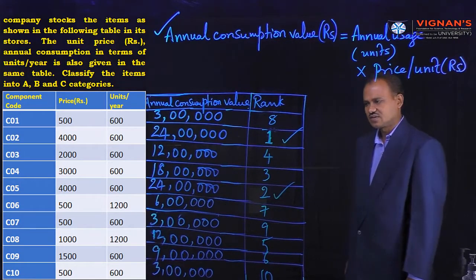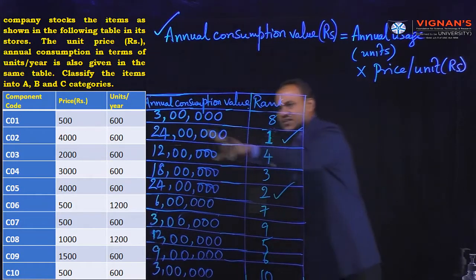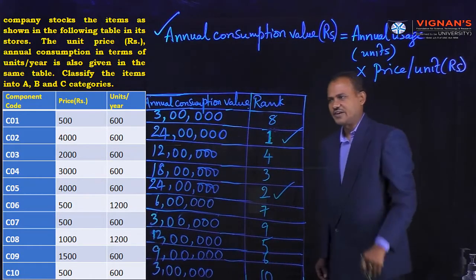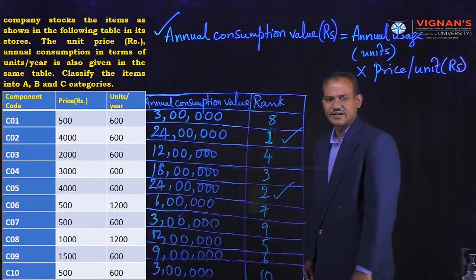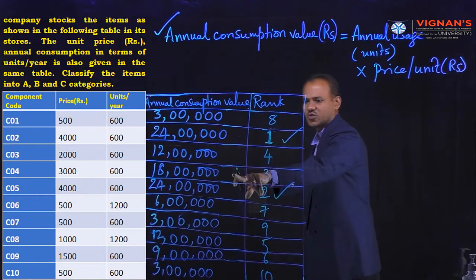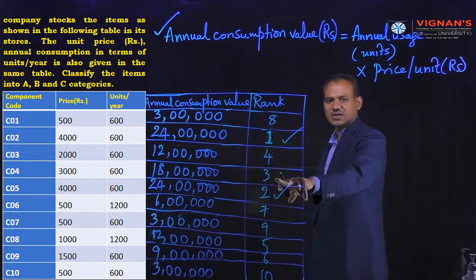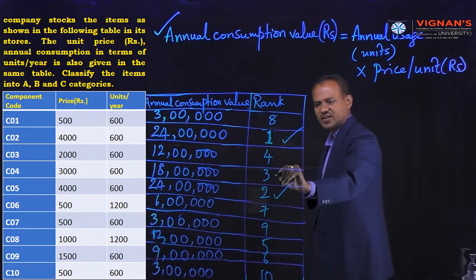Next, what is the next minimum after ignoring component 2 and component 5? Next minimum is 18 lakhs. 18 lakhs is for component 4. So assign next rank. 1, 2 ranks are over. Next rank is third rank.